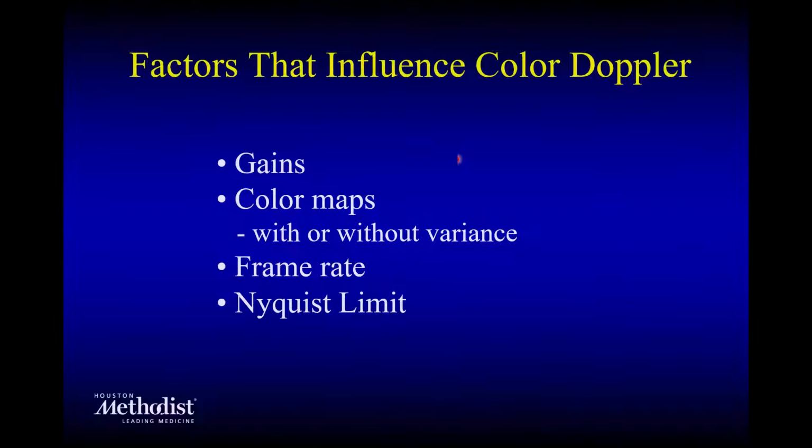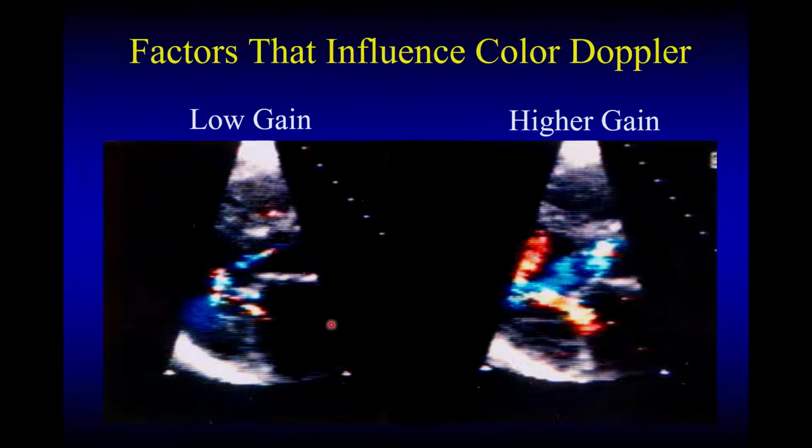Factors that influence color Doppler are gain, color map with or without variance, frame rate, and Nyquist limit, and we talked about that. And here, just the gain can actually increase quite a bit of what your regurgitation is for this aortic regurgitation. So the usual thing is, and actually there's really no automation for this, there are presets for certain gain of color Doppler before you start an examination on the machine.